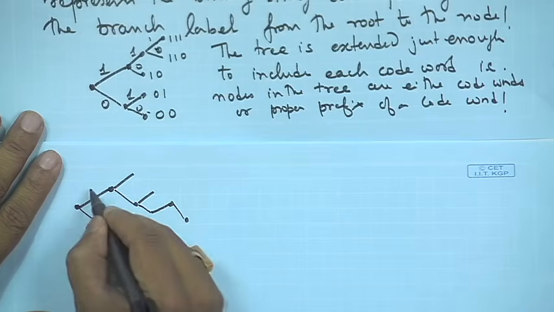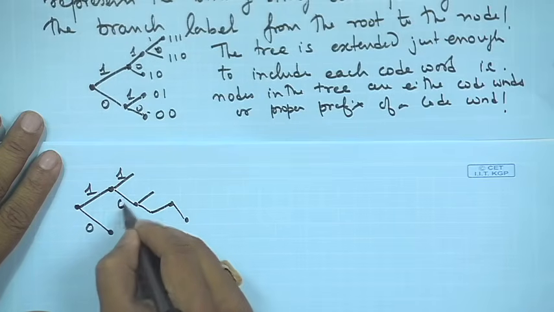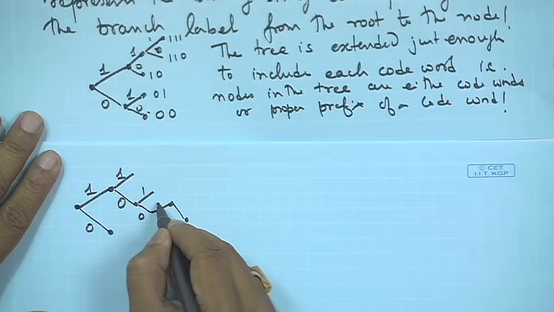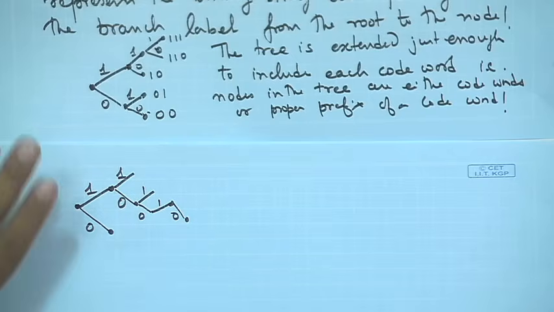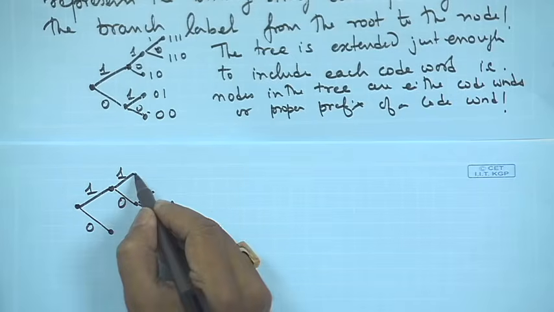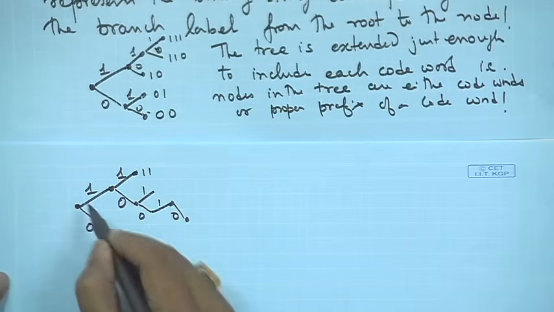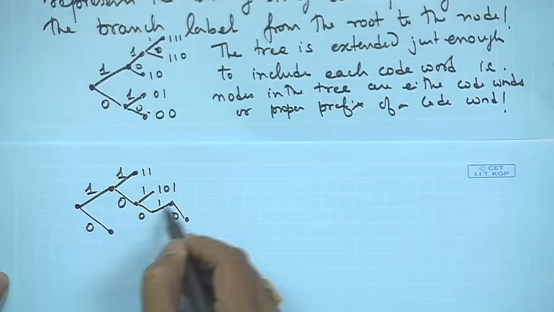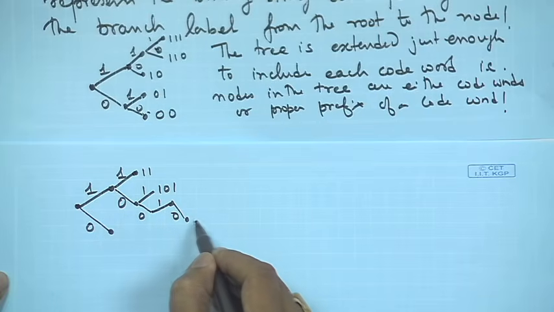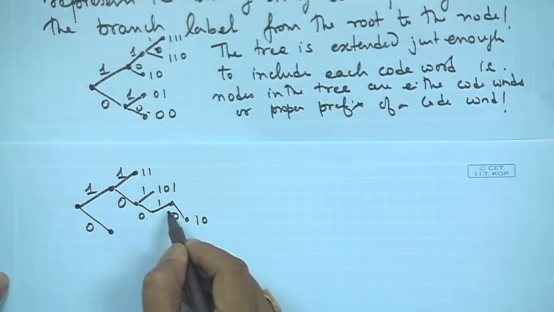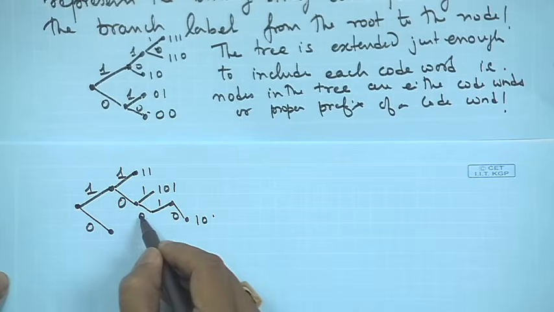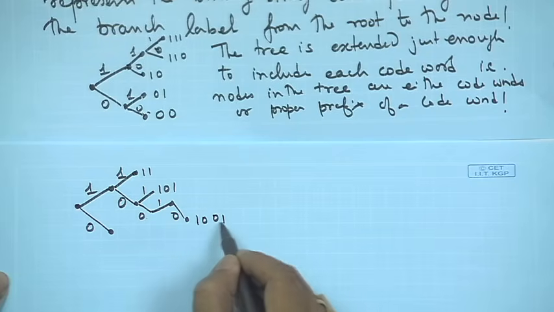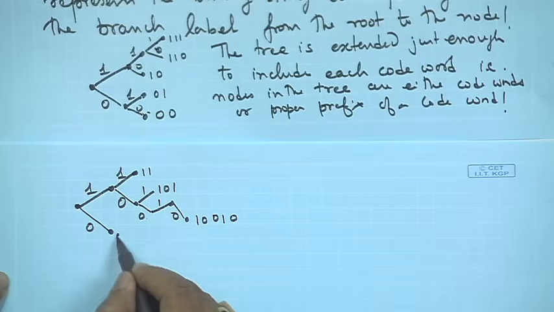So, this is 0, this is 1, this is 1, this is 0, 1 0, 1 0. The code word here is 1 1, here it is 1 0 1, here it is 1 0 0 1, it is not ending, it is 1 0 0 1 0, and here it is 0.